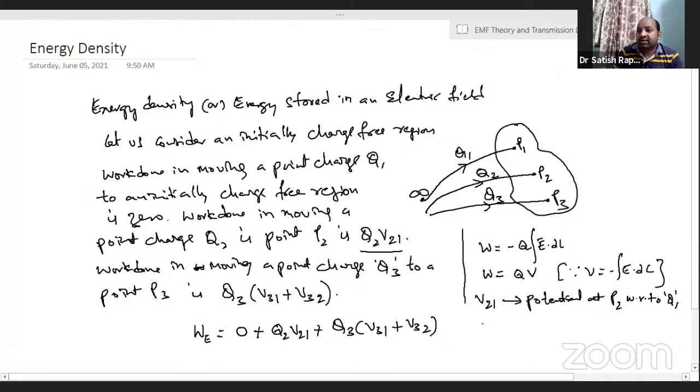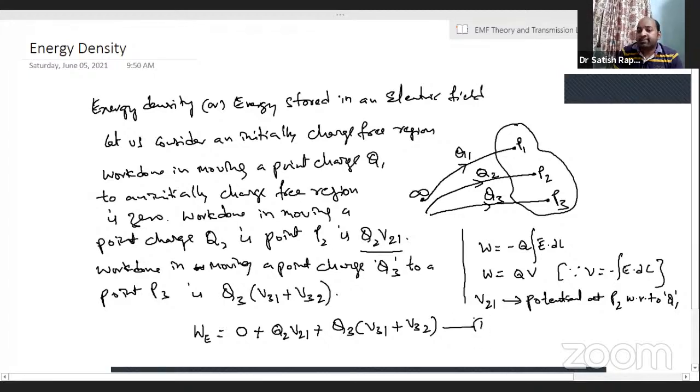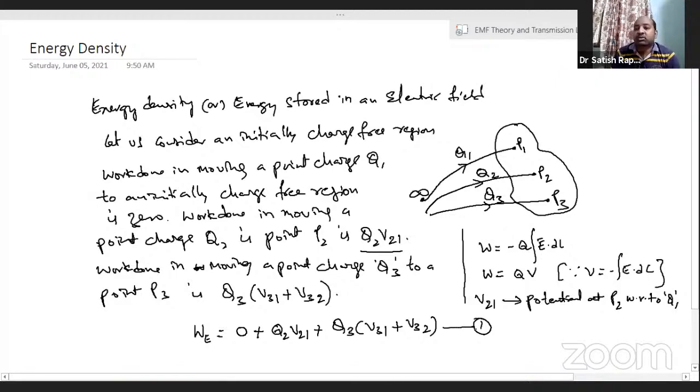Let us say this is equation 1. So this is the total work done.